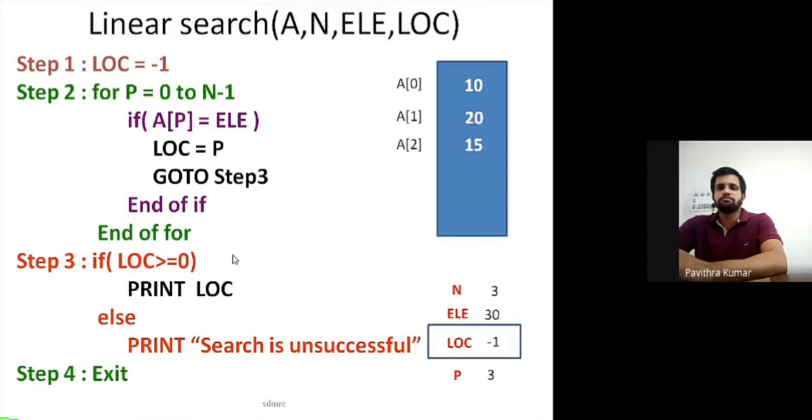If you have 10,000 elements, you are going to come to the conclusion that the search is unsuccessful only at the completion of 10,000 comparisons. That is why it will take a lot of time to come to a conclusion that the element does not exist. That's why it is ineffective compared to binary search.